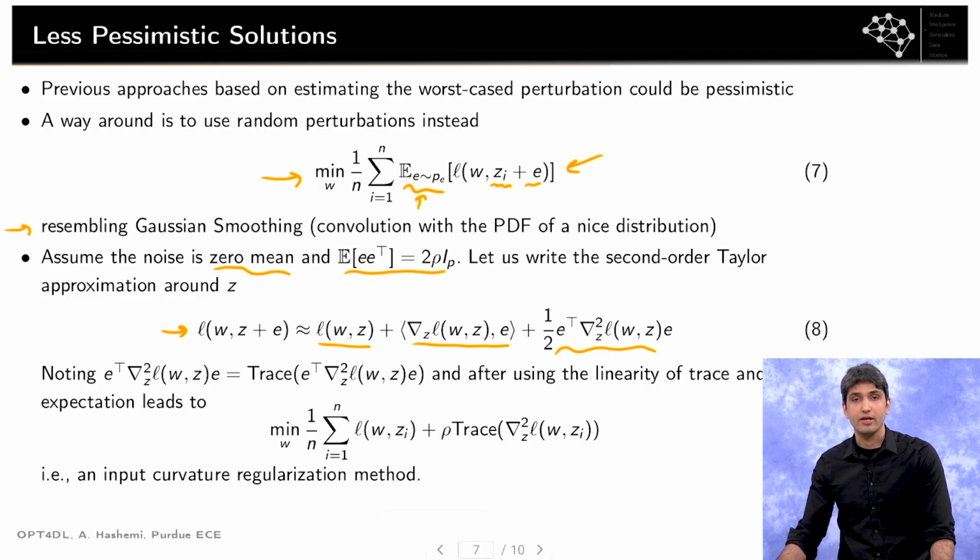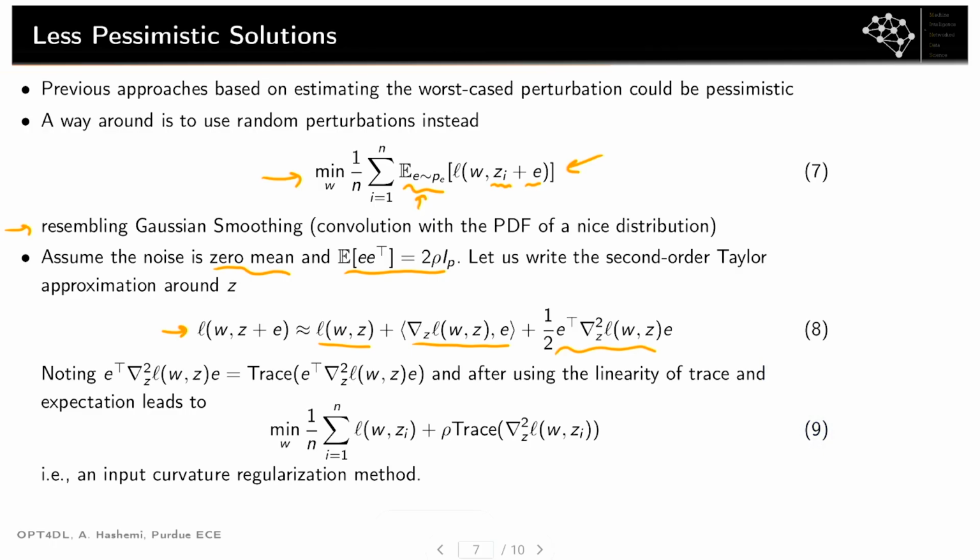It depends on the Hessian of the loss, not with respect to the parameter W, but with respect to the input sample Z. Now, we can make a very simple observation that what I've written here is basically a scalar, and a scalar is equal to the trace of itself.